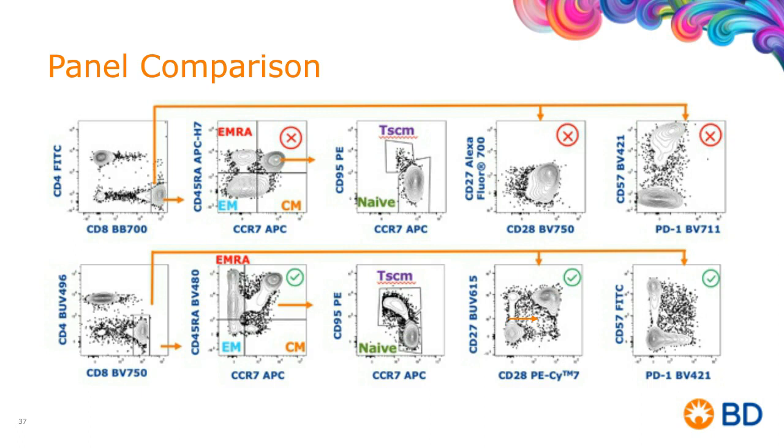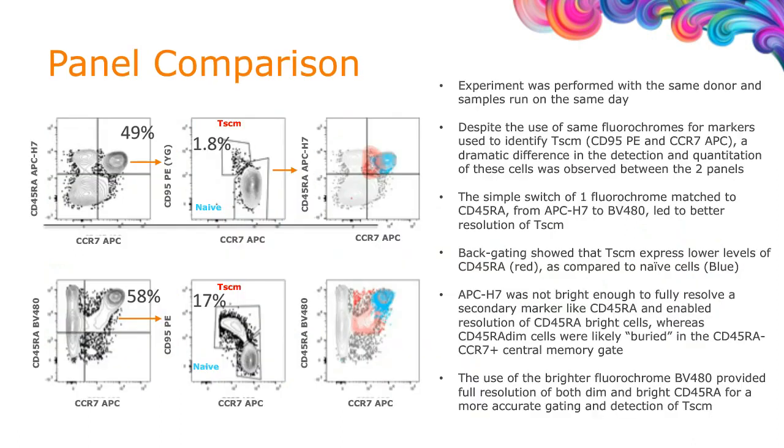This work here was all done by Mirko, a scientist in our group, and I just think he did a magnificent job, he and his team, in bringing this data together. So the panel comparison that we have, when we really look at the TSCMs, you can see in the middle there the increase in numbers from about 2% up to 17% if you work on different parts of the panel, make a couple changes.